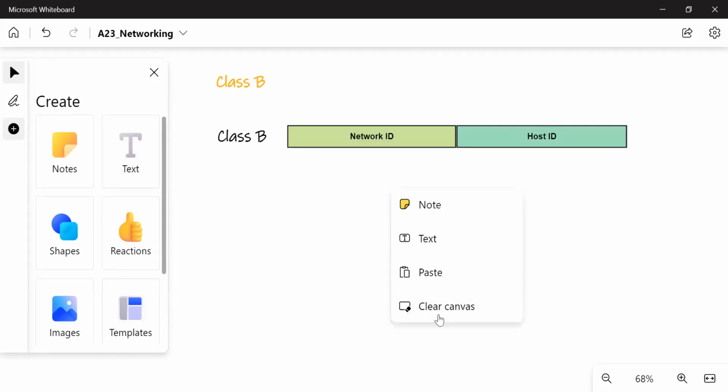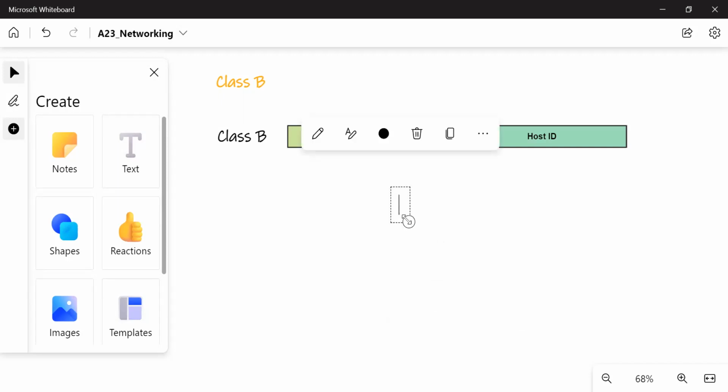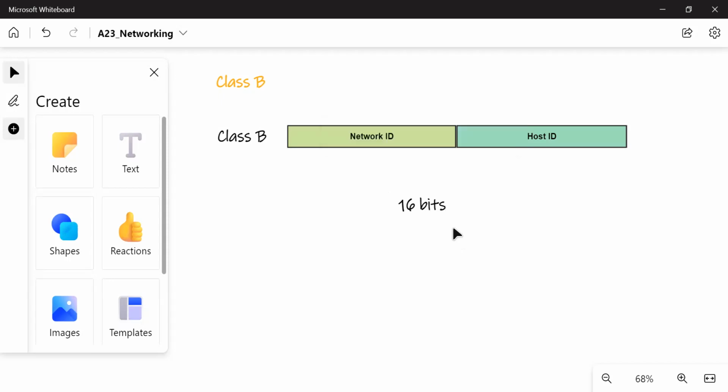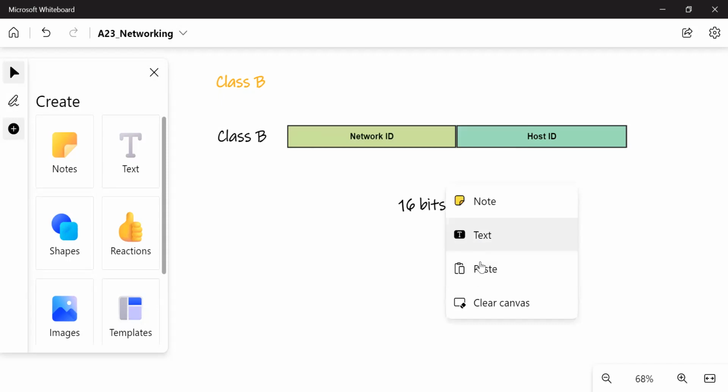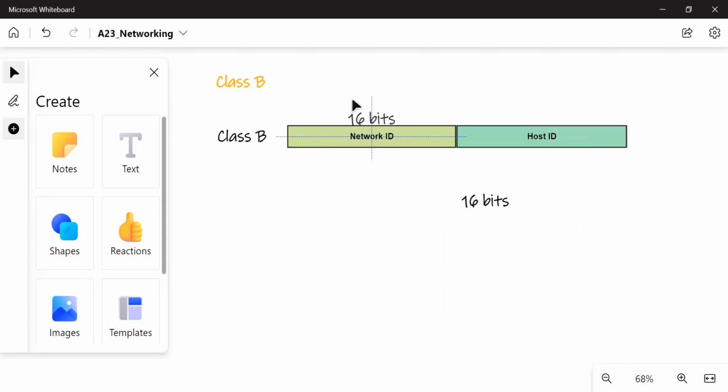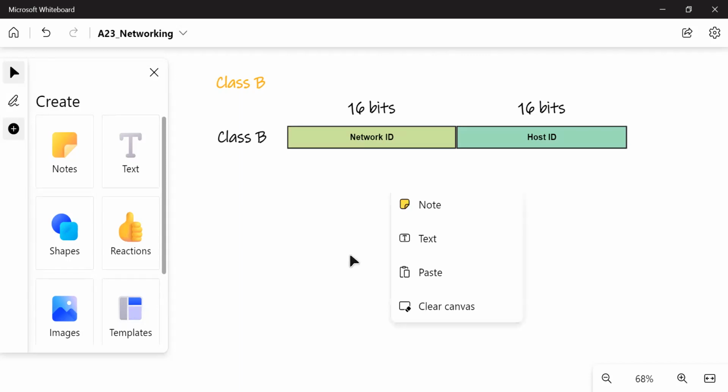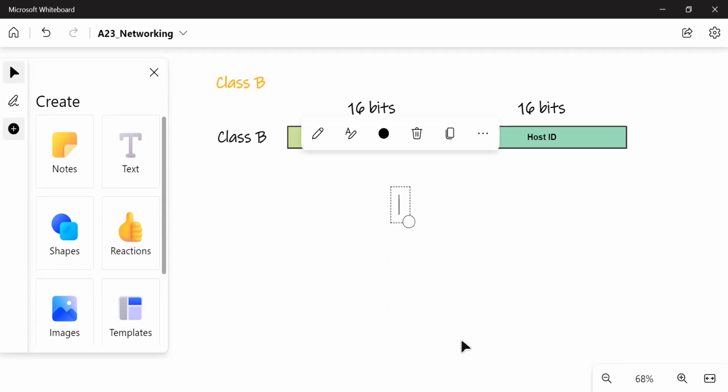So let's take down, when we have class B, we are using 16 bits each for the 2 parts. So 16 bits for the network ID and 16 bits for the host ID. That's the first thing. And when you talk about the network part, the network part starts with 1 and 0.